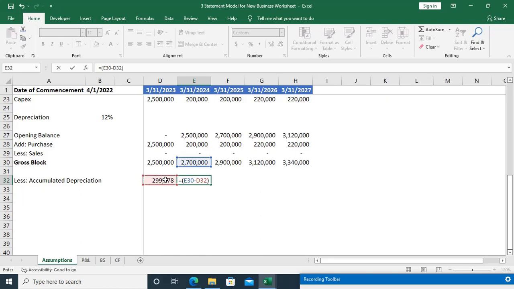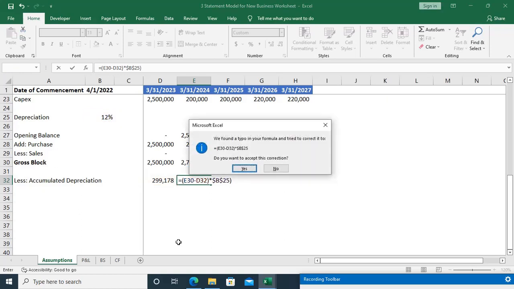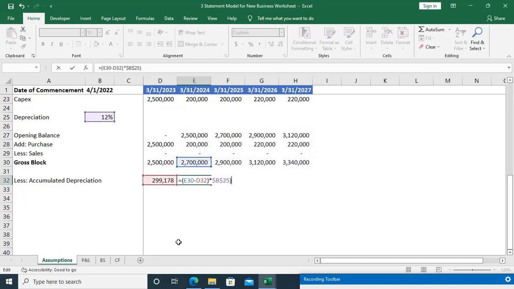Close the bracket. Then I am charging a depreciation of 12% on this asset balance. Then I am closing this bracket, and I am adding this accumulated depreciation amount with this, and I am getting this one.